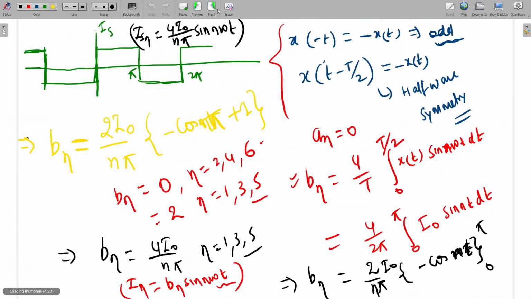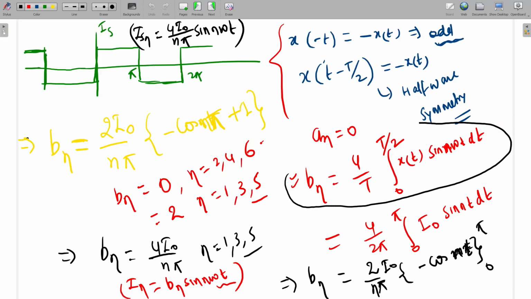So I'm going to show how we can do the Fourier analysis. First we will check the formula. If a waveform has half wave symmetry and odd symmetry, then normally the formula is Bn equal to 2 by T, integral 0 to T, of f(t) sin n omega t dt.